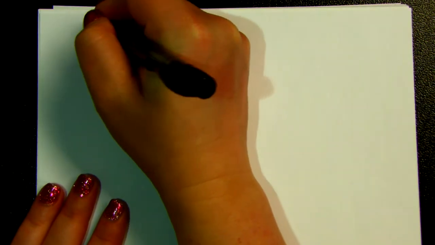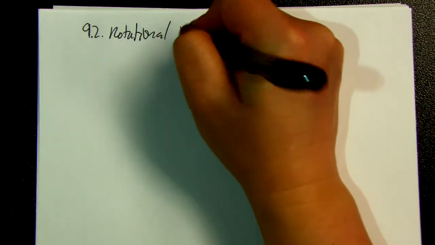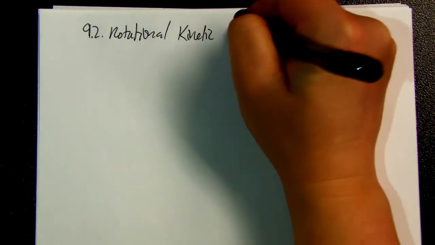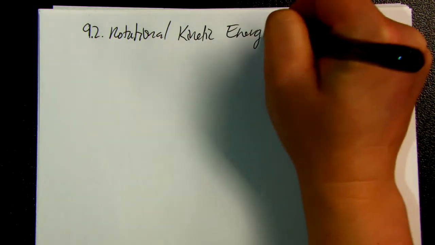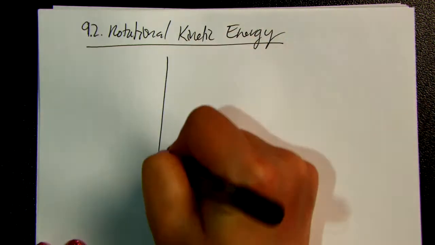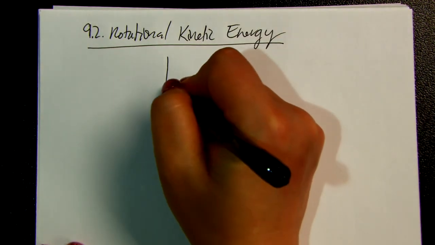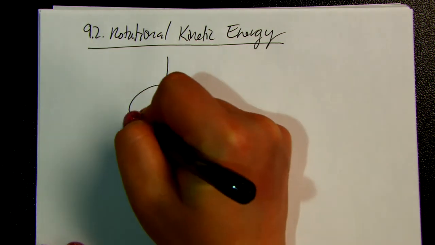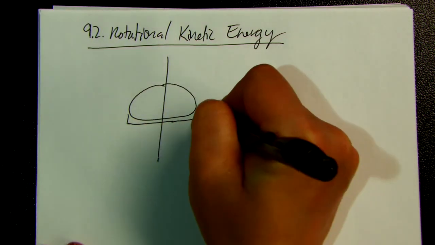Okay, so we're looking at section 9.2, rotational kinetic energy. This is all part of the relative kinetic energy associated with motion related to the center of mass, but it's not the movement of the center of mass.